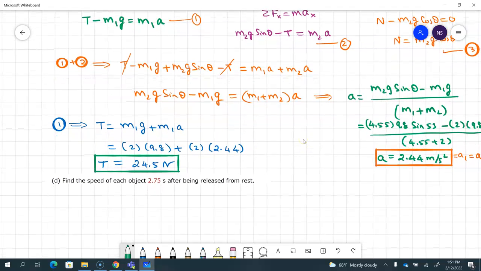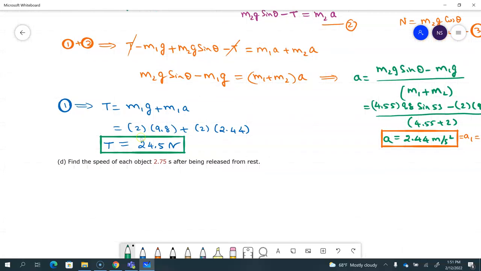And there is another part to this problem which says find the speed of each object 2.75 seconds after being released from rest, right? So assume the inclined plane is really long, so it hasn't quite reached the ground yet, and it's also really tall, so m1 hasn't quite gone up all the way.